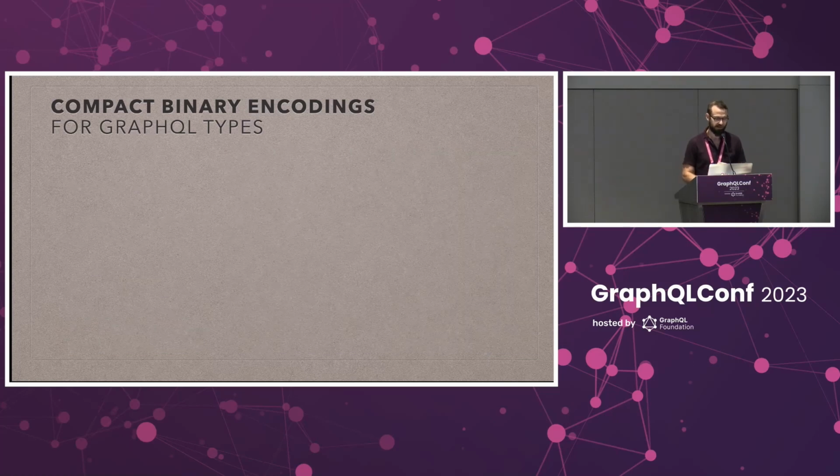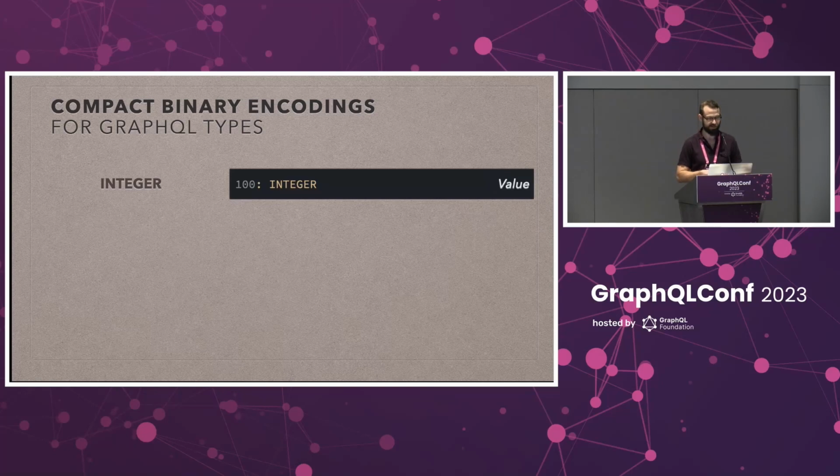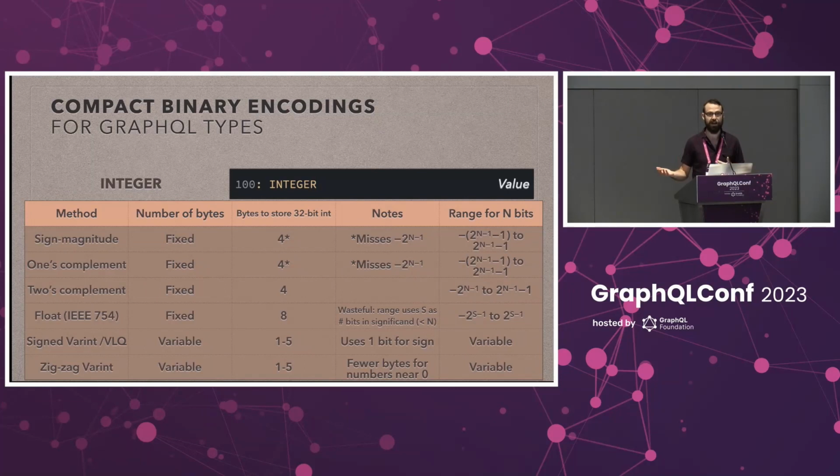So let's start with integers. Integers are pretty important. They show up quite a bit, and we're actually going to end up reusing them at other places in our binary encoding that we're building up. Now, how do you turn an integer into bits and bytes? Well, there's a lot of ways. This is a pretty well-studied area. We're not going to look into this whole table, I promise. But suffice to say that we can go off and do a whole bunch of research, and figure out what's going to work best for our case.